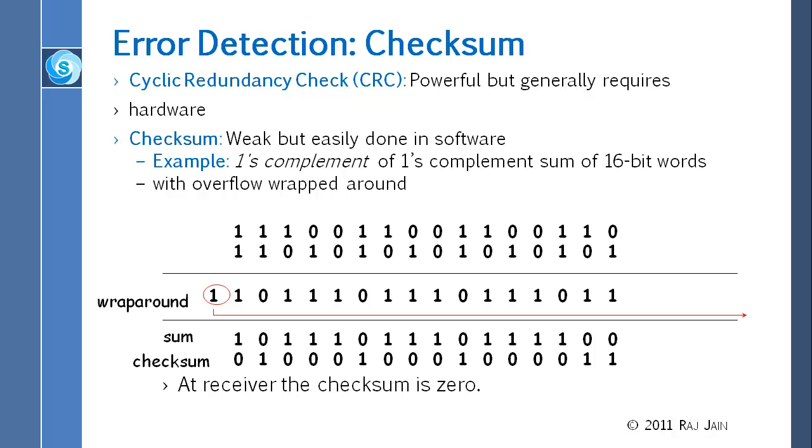Now, at the receiver, the opposite thing is done. All the words are written up, including the checksum, and they are added. If there is a carry bit, it is wrapped around, the sum is taken, and then the complement is taken. If you do everything right, this thing should be all zeros then.